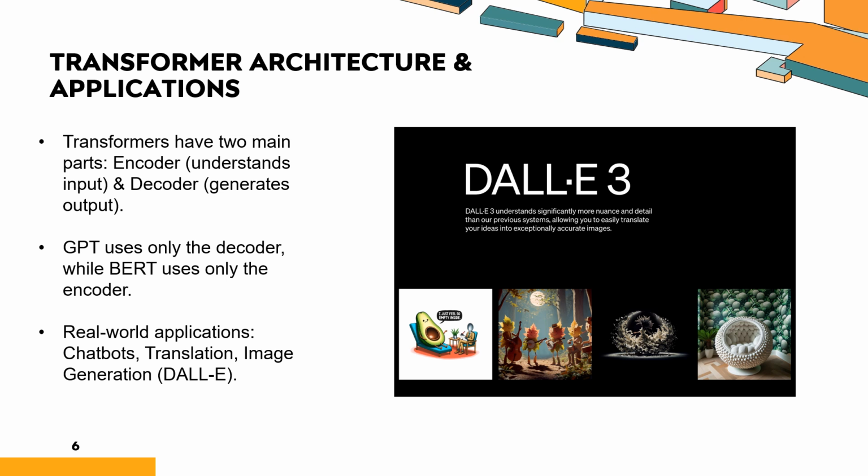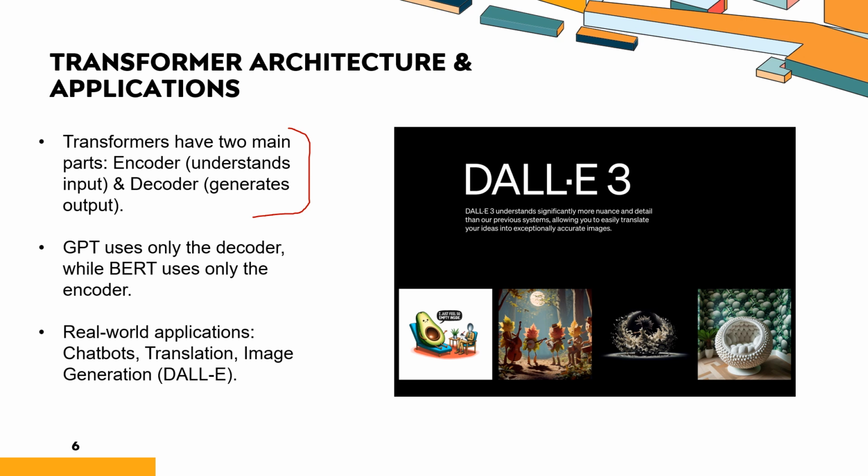So now let's look at the brain of the transformer. It's architecture. A transformer has two key parts: the encoder and the decoder, what we discussed here. The encoder processes input text and understands its meaning. The decoder takes that understanding and generates new text.